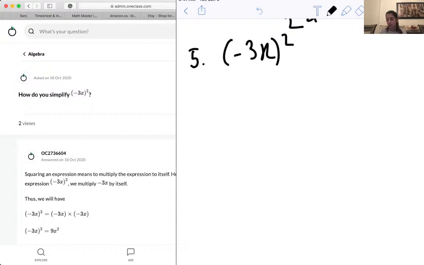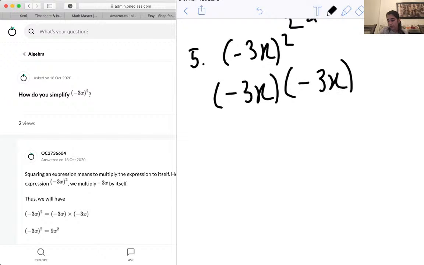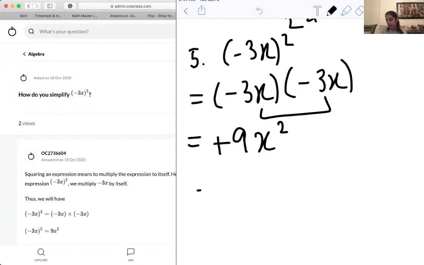You can change it into expanded form. So negative 3x times negative 3x, and then we're just going to simplify from there. Once you multiply negative 3x times negative 3x, it is a positive 9x squared. So that is our final answer.